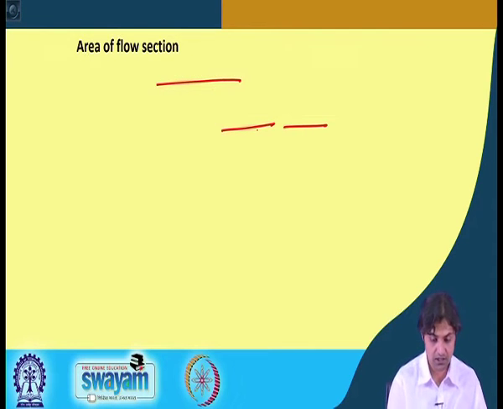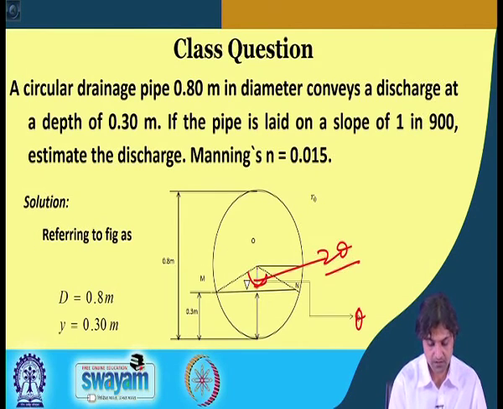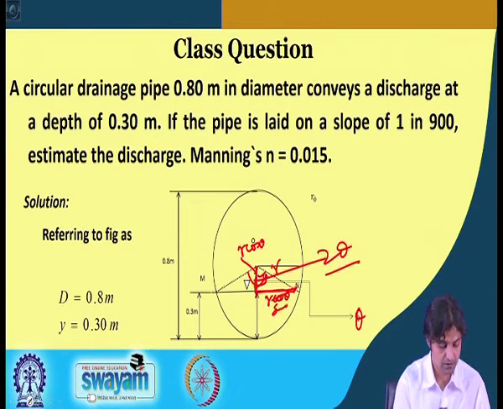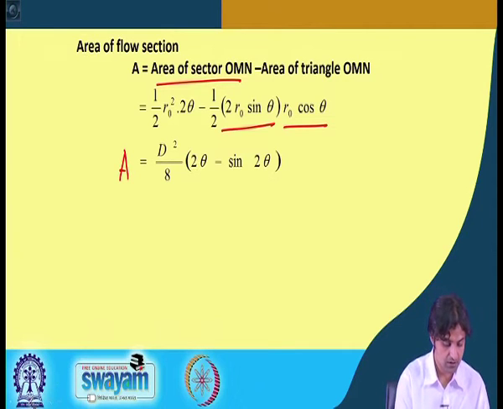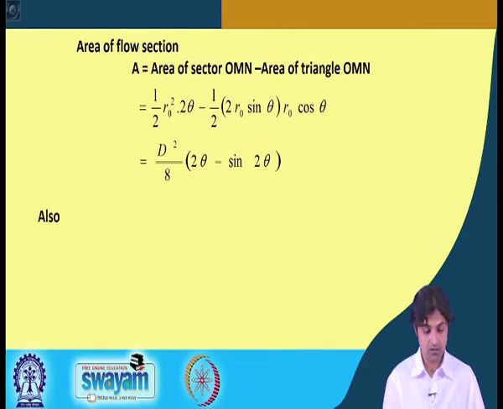So, you see, base into height, if this is r, this is r sin theta, and this is r cos theta. So, we get area as d square by 8 into (2 theta minus sin 2 theta).